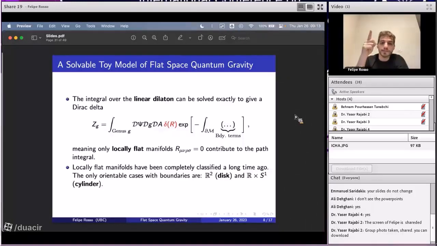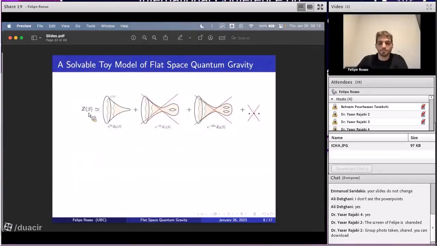You can have the disk and the cylinder, and that's it. That means that for all the other cases, let's say where g is equal to 3, this Dirac delta simply has to be 0, because there are no manifolds that can contribute to this term.